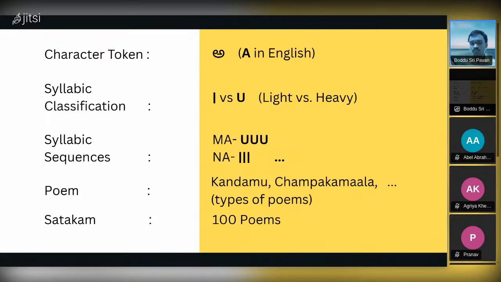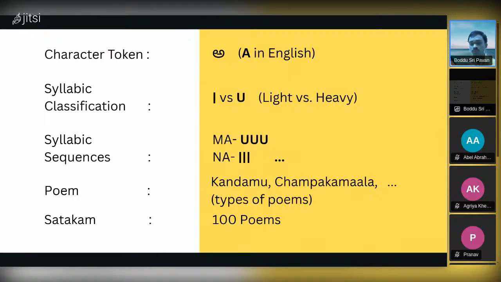Each of these combinations and permutations has predefined names in this language. If we observe 3 heavyweight characters, the syllabic sequence is termed Ma. If we observe 3 lightweight syllables, it is considered Na. Similarly, we have all the predefined types for 2, 3, and 4 syllabic sequences.